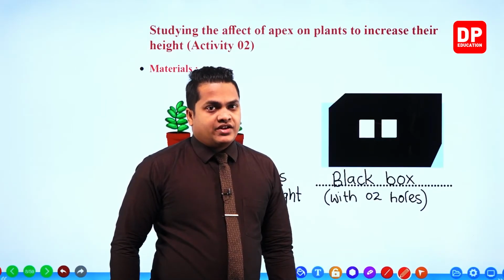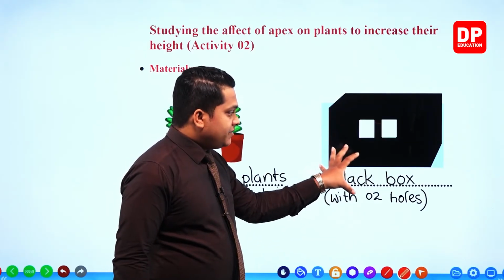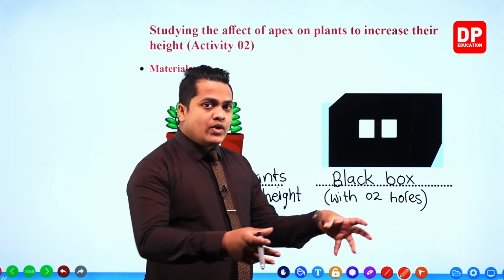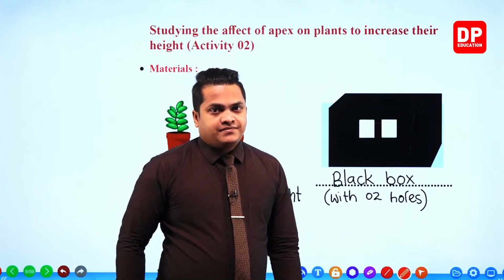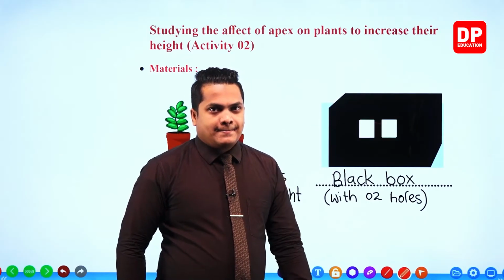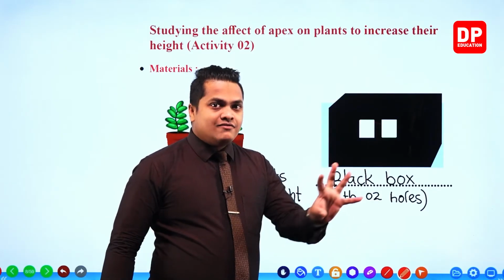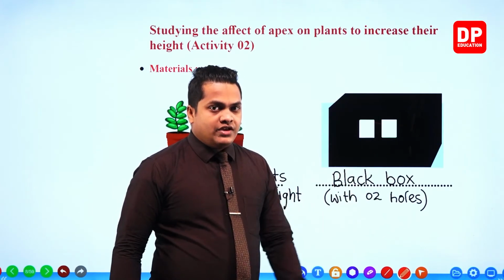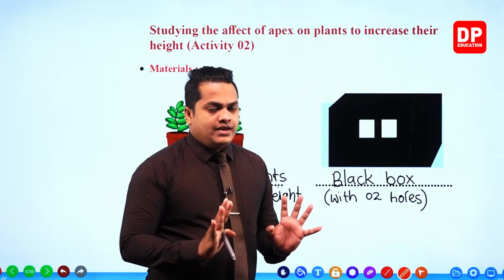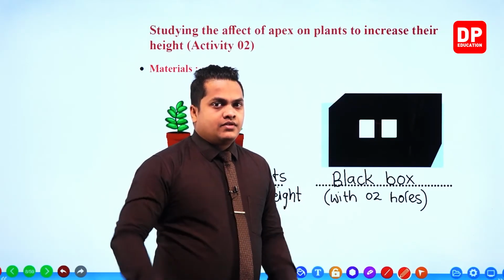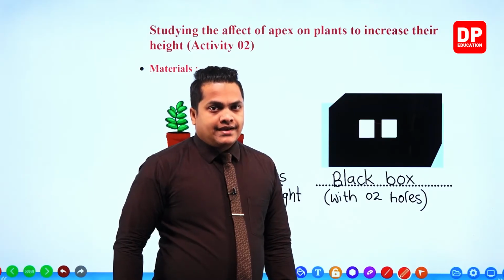But that's not enough. You have to keep the black box near a window pane so that the holes will get sunlight or light. Then always keep the window pane open during the daytime.